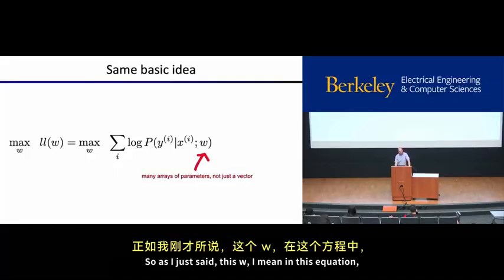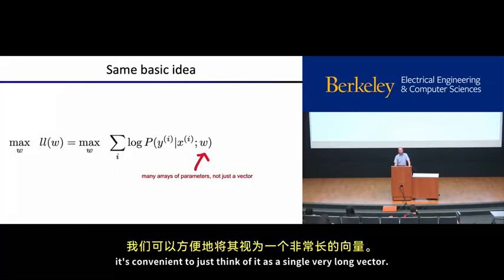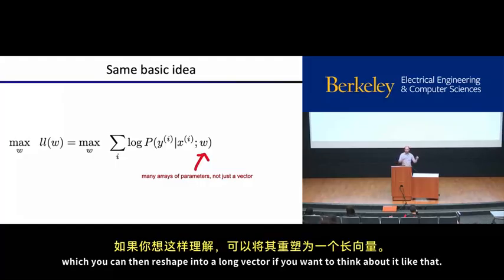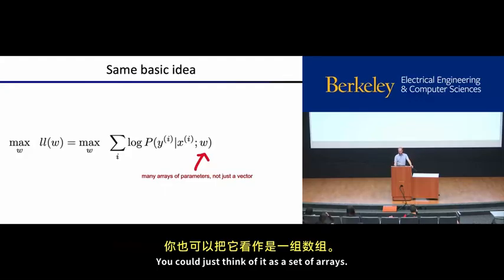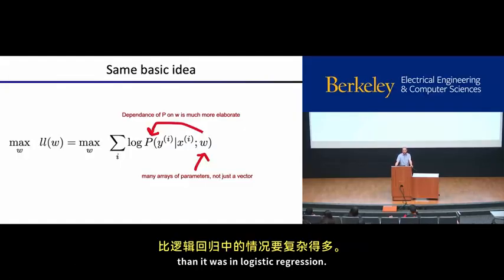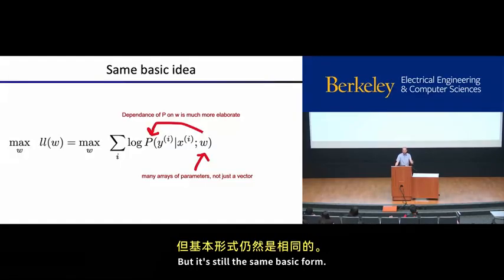As I just said, in this equation it's convenient to think of w as a single very long vector, but this is really many arrays of parameters which you can reshape into a long vector if you want to think about it like that. Or not. You could just think of it as a set of arrays. And so the dependence of P on W is much more elaborate in this neural network case than it was in logistic regression, but it's still the same basic form.